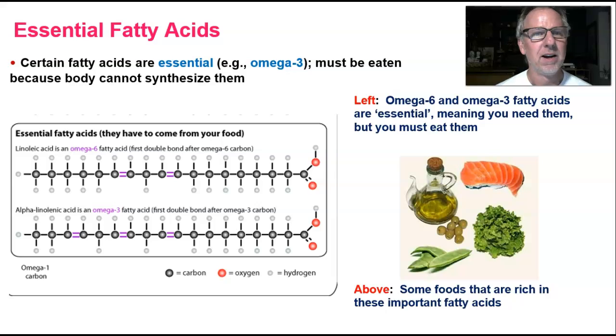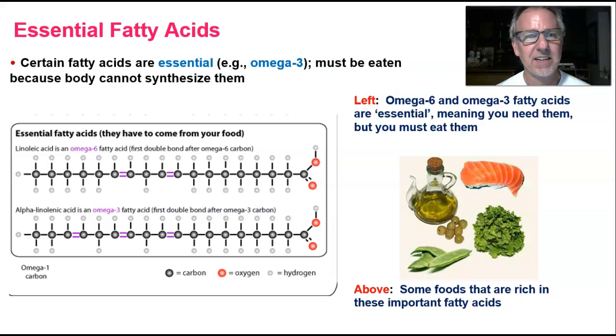Now omega-6, that just simply means that the double bond, the kink, is at the number 6 carbon in the chain. So if you look in the figure I've got on the left, it shows linoleic acid. It's omega-6. And if you start on the far left part of that fatty acid and count over 6 carbons, you'll get to a double bond.